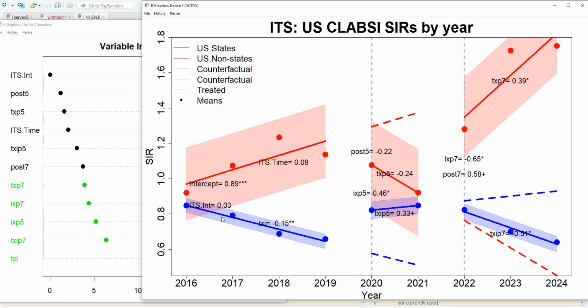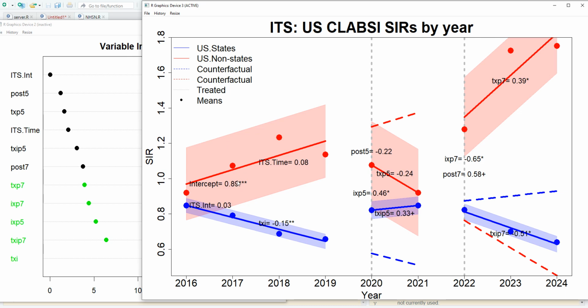TXI indicates that initial baseline trend was significant, and this is the most important predictor. So there's probably more consistency during that period. This is before 2020, before COVID. So that trend we had was probably a little more consistent across our different states.